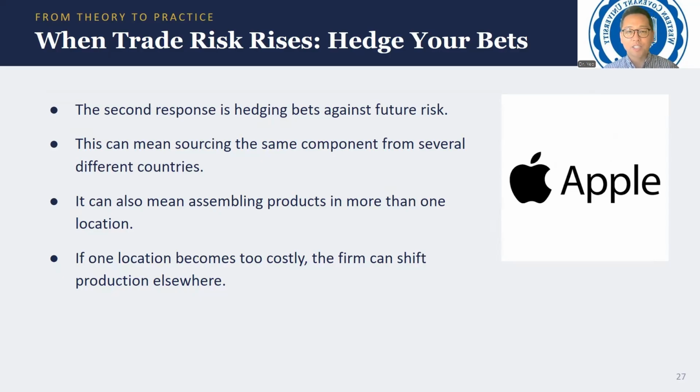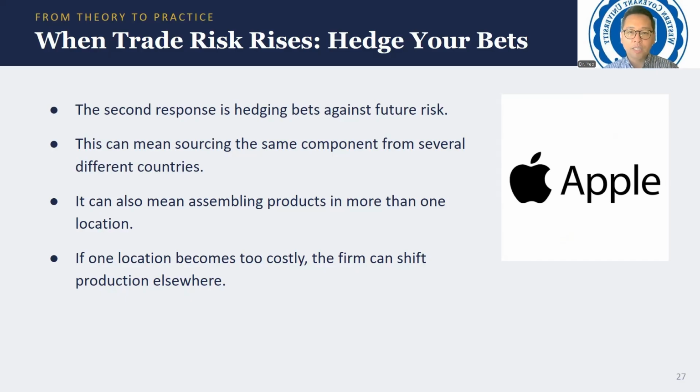The second response businesses use is hedging their bets. Hedging simply means spreading out risk so that no single bad outcome can hurt the company too much. For a large global company like Apple, hedging might mean sourcing the same component from several different suppliers in several different countries, rather than relying on just one location.